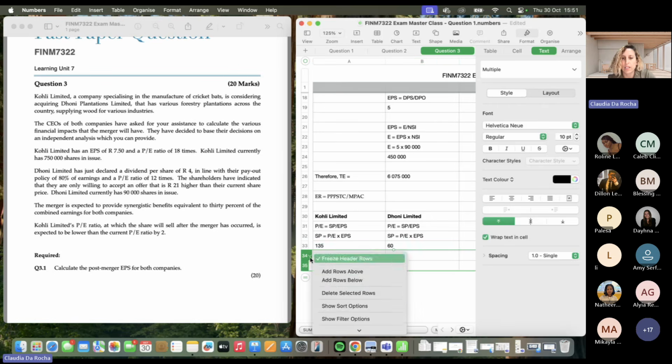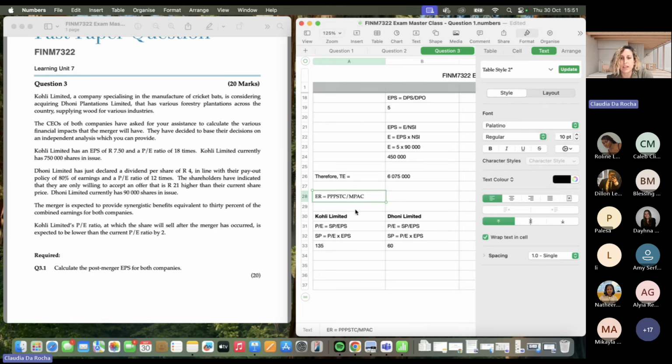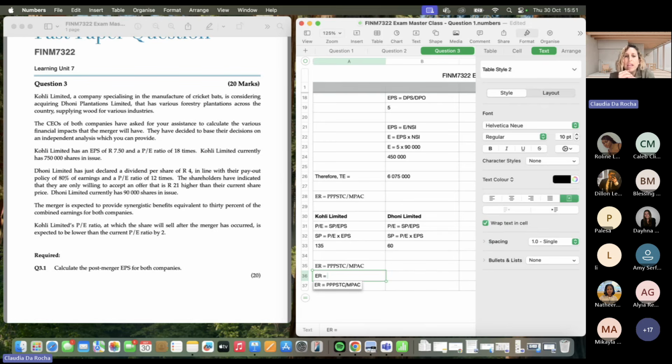However, go back to the formula. Okay, so I'm now back here to get my price paid per share of your target company. It said here that the shareholders of India were only willing to accept an offer that is 21 Rand higher than their current share price.